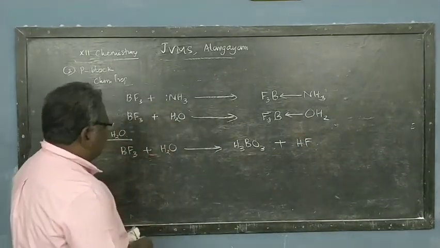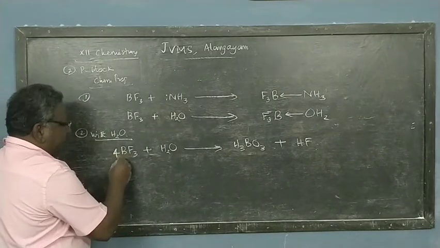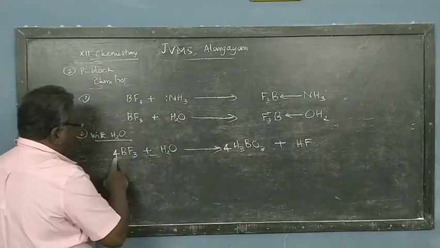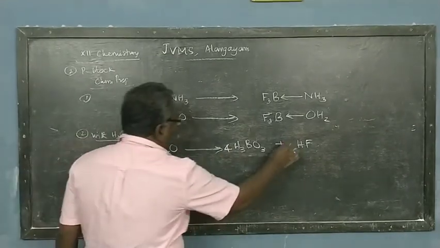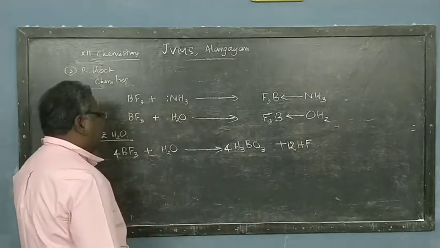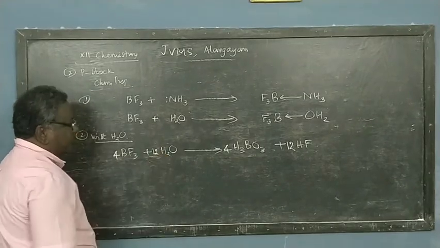So this is how you got to balance this. We'll take 4 molecules of this. We'll get 4 molecules of this, and fluorine will get 4 into 3, 12. Therefore, hydrogen it is 12 plus 12, 24. Therefore, we will take 12 water molecules.